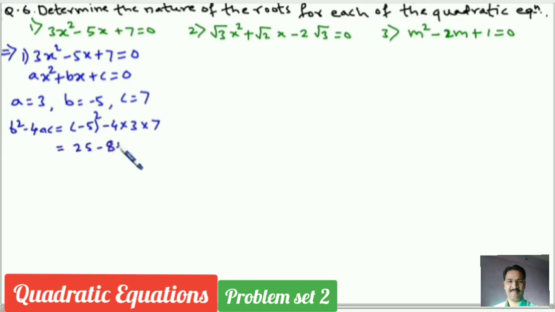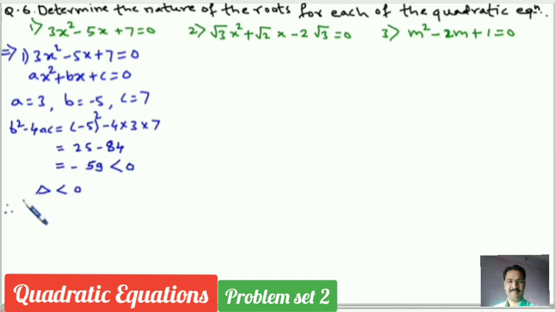So 25 minus 84 means we have to subtract 25 from 84 and the sign must be minus. So tell me how much? 84 minus 25, so 14 minus 5 is 9, carry 1, 8 minus 3 is 5. That is minus 59, which is less than 0. Whenever the delta is less than 0, the roots of the quadratic equation are not real.